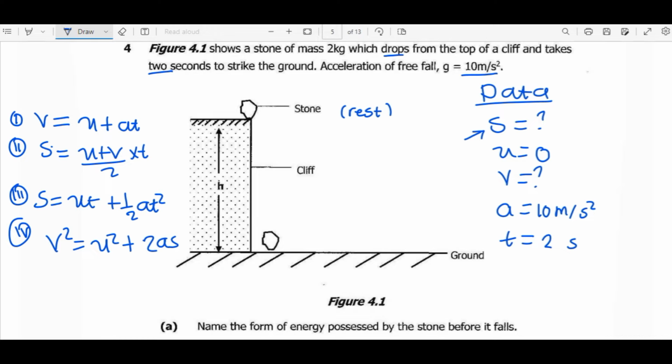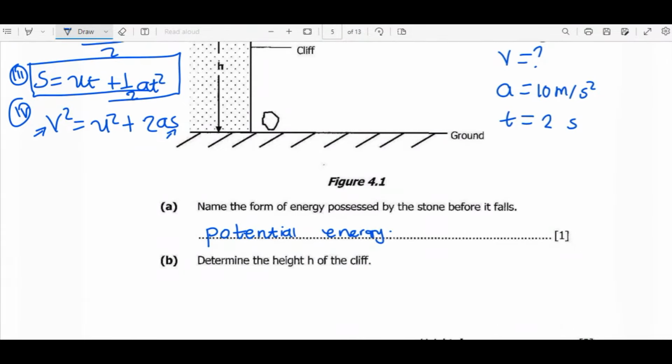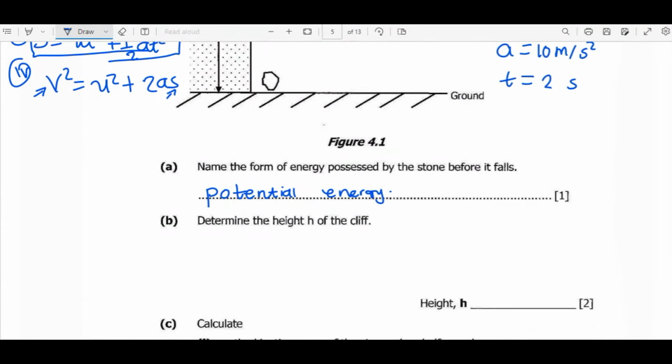What we mean by that, we can't choose the fourth one, since the final velocity is not given and our task is we need s. So we can't solve two variables at once. We only need a formula that suits only one variable, the one that we are solving. So we can see that this equation is suiting the data that we have, because initially we have t, acceleration due to gravity, we have.